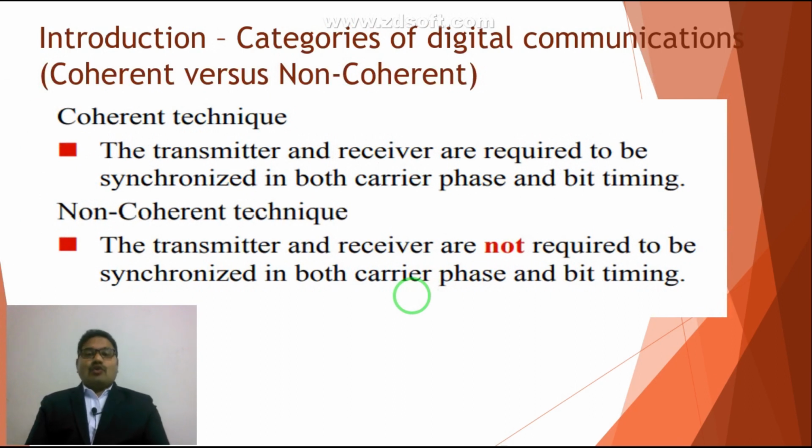So what are coherent and non-coherent digital modulation techniques? In coherent techniques, the transmitter and the receiver are required to be synchronized in both carrier phase and bit timing. Whereas in non-coherent techniques, the transmitter and receiver are not required to be synchronized in both carrier phase and bit timing.